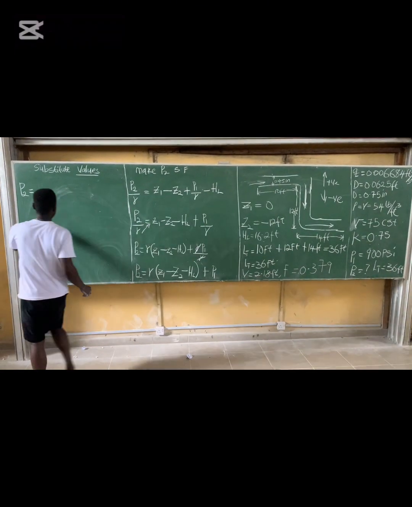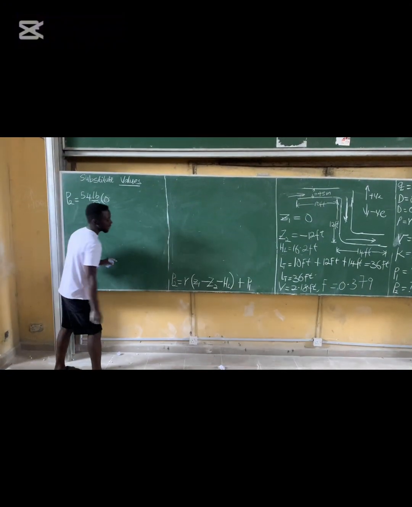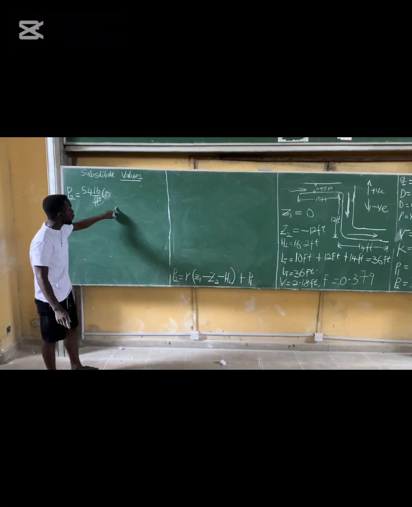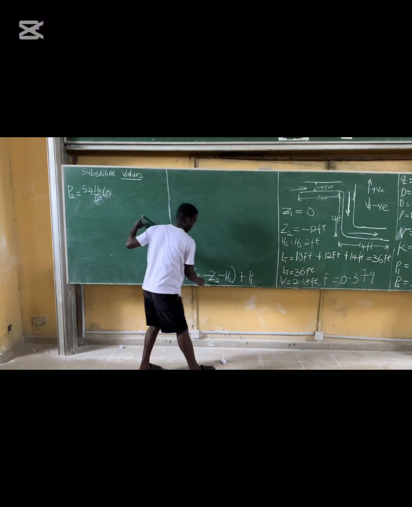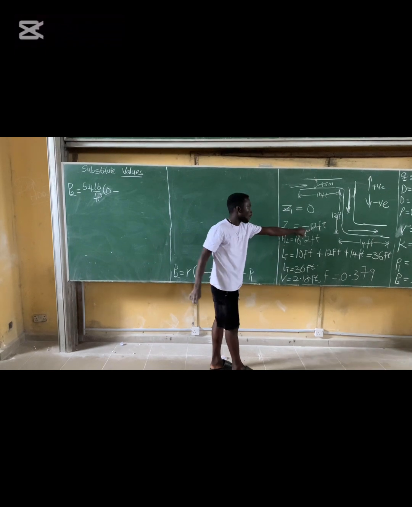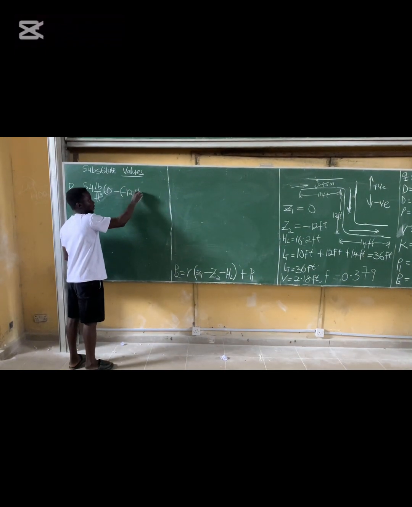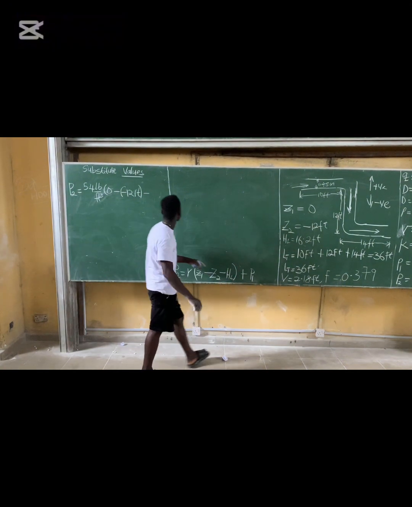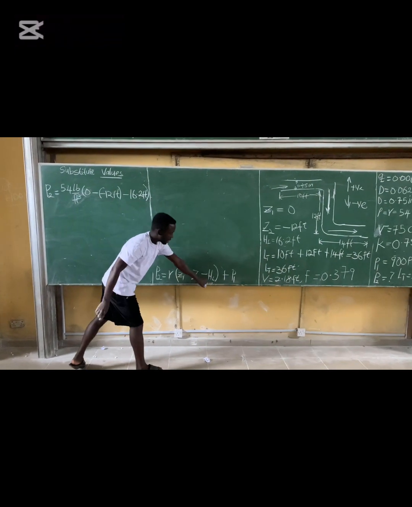Substituting values, our specific weight is 54 pounds per cubic feet into 0, as Z1 is 0, then minus our Z2, which is minus 12 feet, then minus our head loss, which is 16.2 feet. Close the bracket.